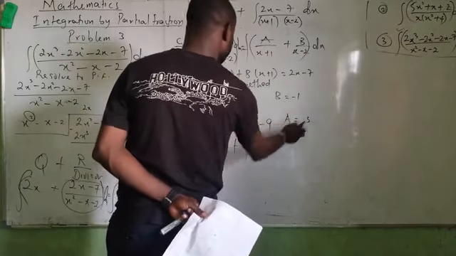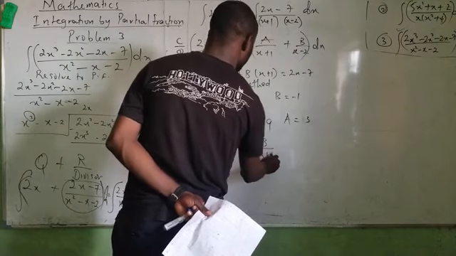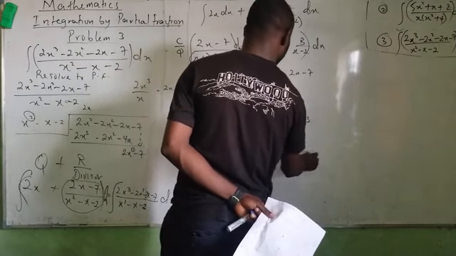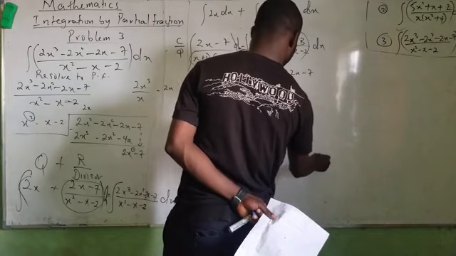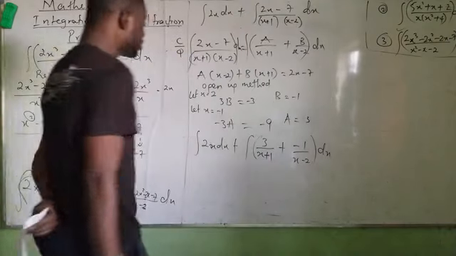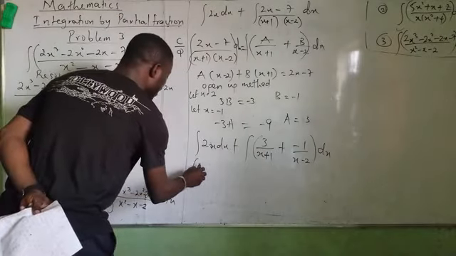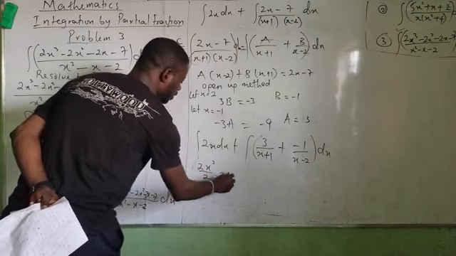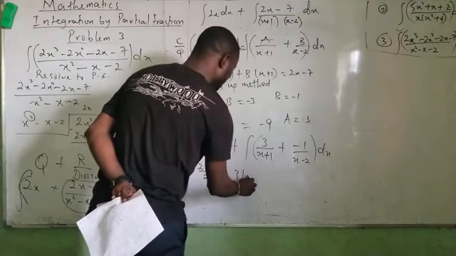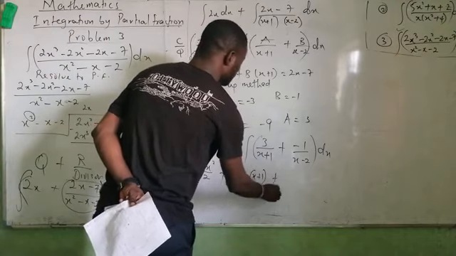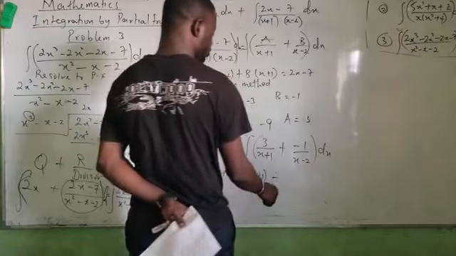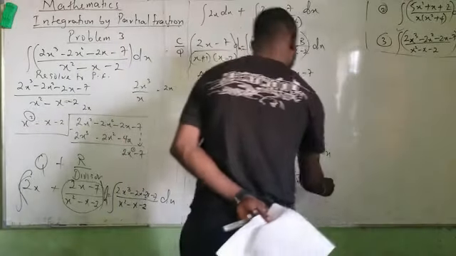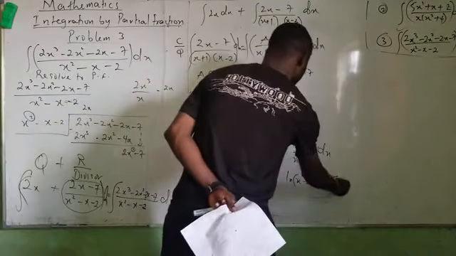My A is 3, so 3 over (x + 1), plus B, which is minus 1, over (x − 2). Now, if I integrate this, I will have 2x²/2, plus 3 ln|x + 1|, plus minus ln|x − 2|, plus k. That is my answer.